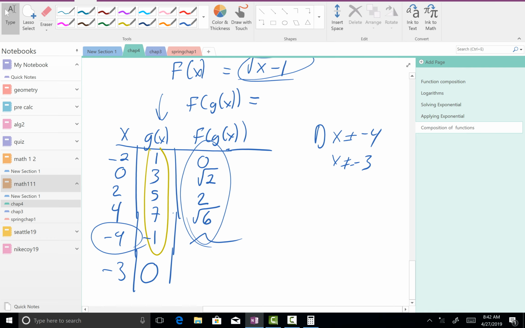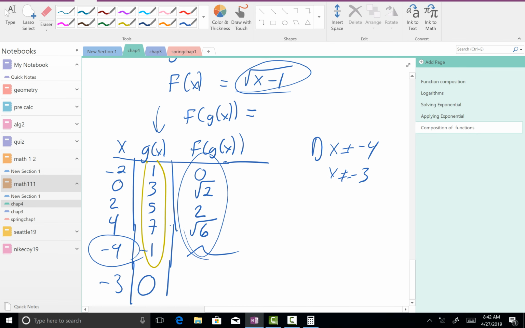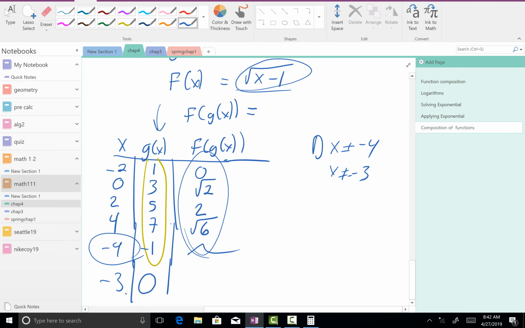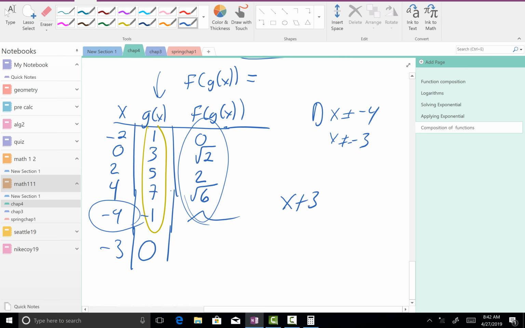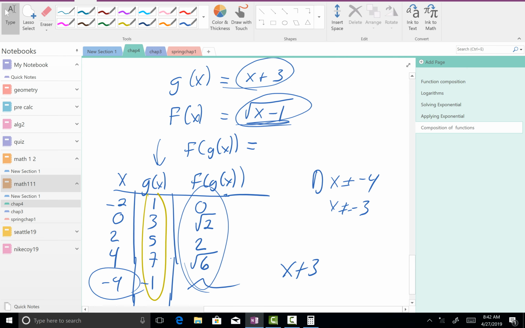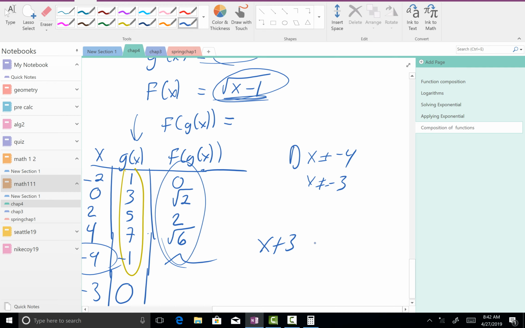So what happens if we try -2? -2 gave us a 1. That was okay. All right? But we just need to know what numbers aren't going to work in that thing. Well, 1's okay for that input, because that gives us 0. But if we have anything less than 1, we're in trouble. So then we would come up to here and say, oh, okay, that means that x plus 3, whatever that is, is going to have to be greater than 1.